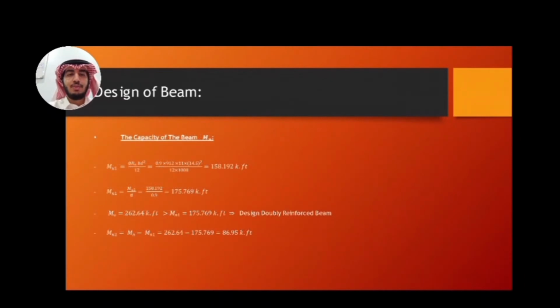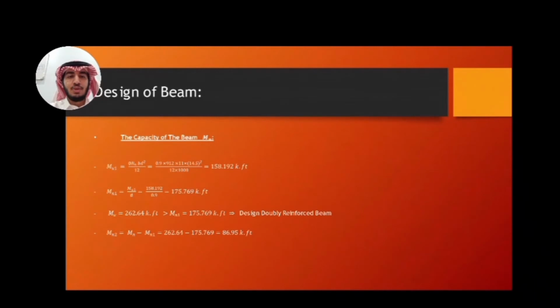The capacity of the beam Mu1. After finding Mu1, we see if Mu, which is ultimate moment, is bigger than Mn1. If it is bigger, design as a double reinforced beam. If it is not bigger, smaller, design as a single reinforced beam.